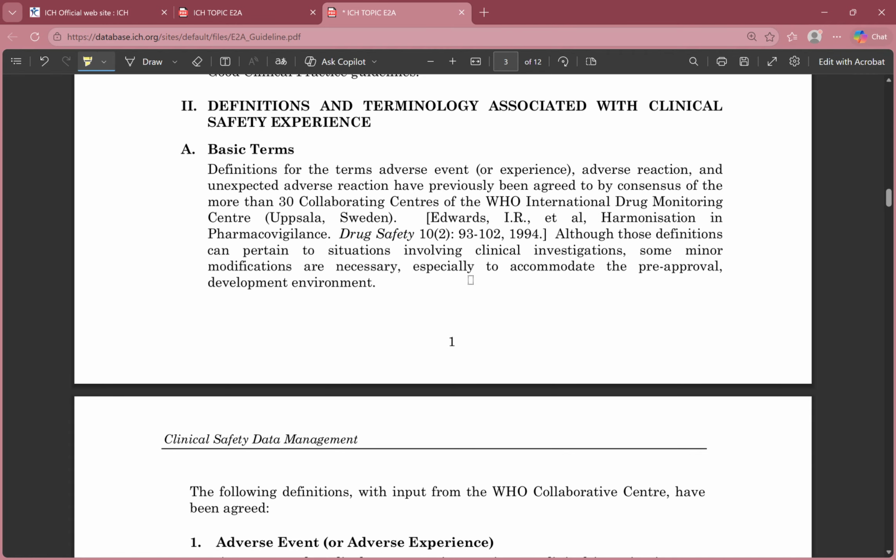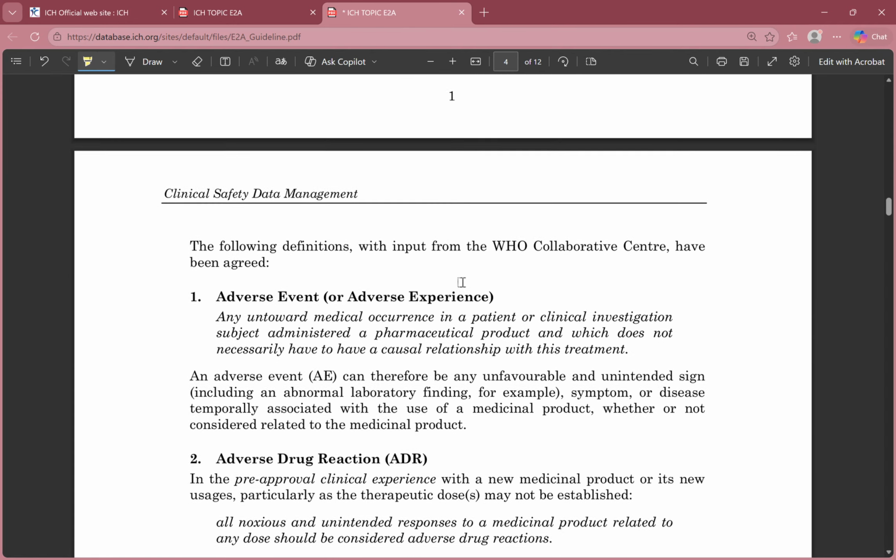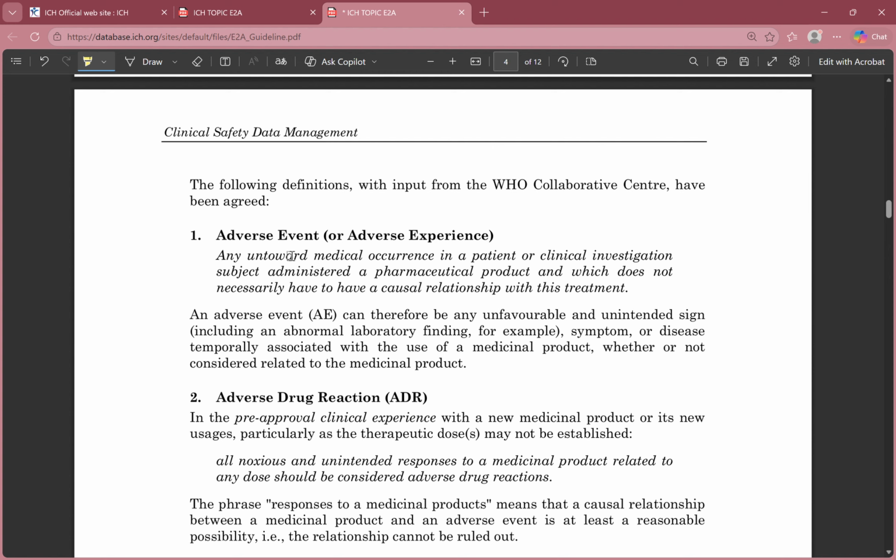So the core terms that you need to know when reporting and analyzing the safety data, these are must-know things, right? So I'm going straight to the adverse event or the adverse experience. Any untoward medical occurrence in a patient or a clinical investigation subject administered a pharmaceutical product and which does not necessarily have a causal relationship with this treatment.